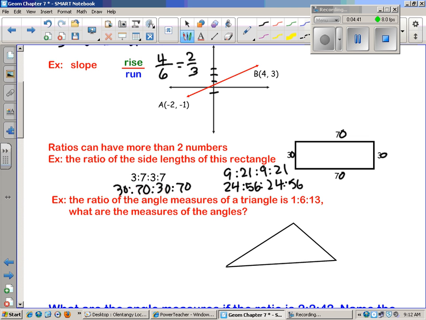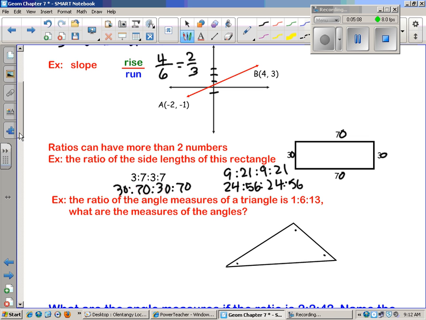Okay? All right. So in this example, the ratio of the angle measures of a triangle is 1 to 6 to 13. Okay? So if I add all three of those angles together, what do I get? 180, right? So could the measures of the angles be 1 degree, 6 degrees, and 13 degrees?